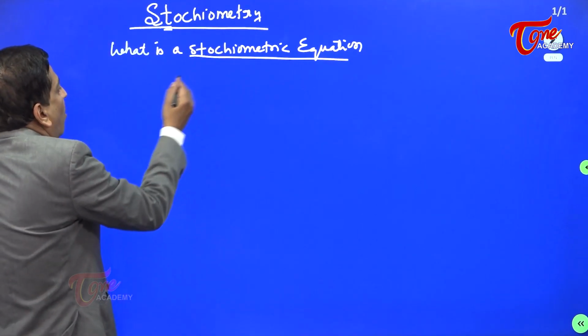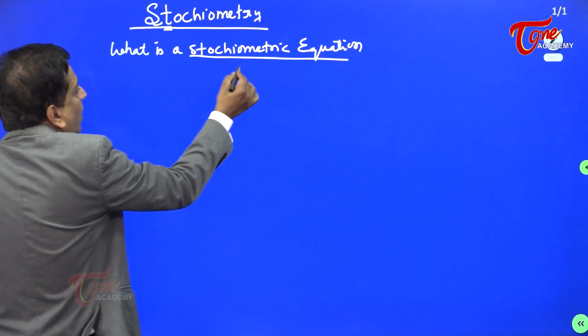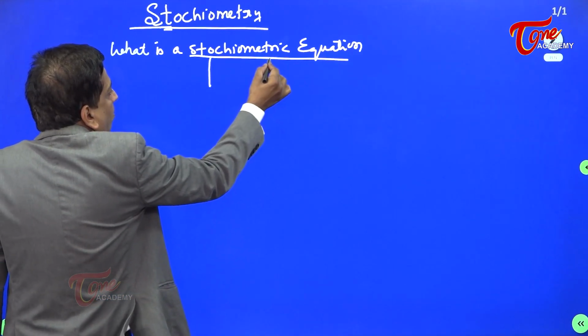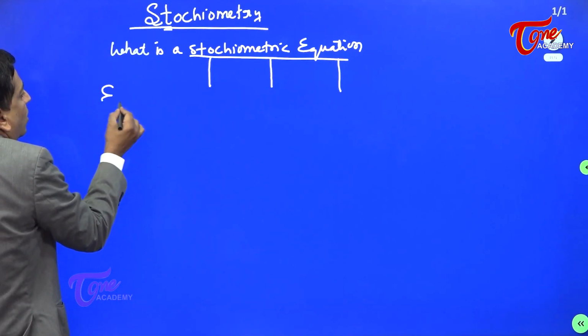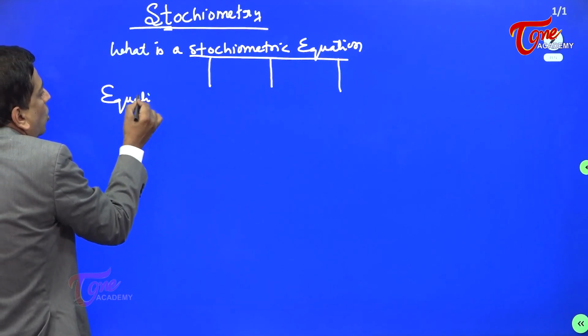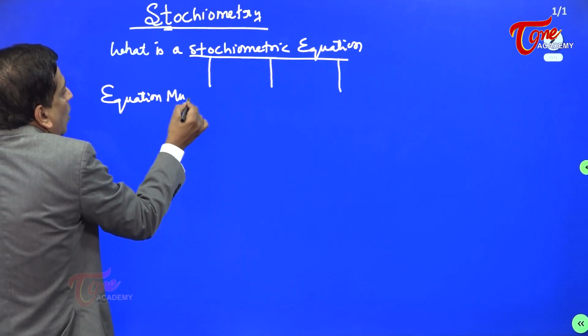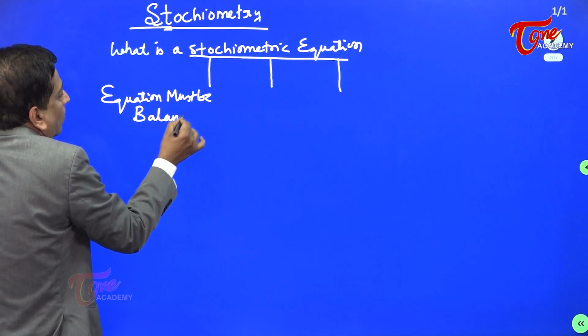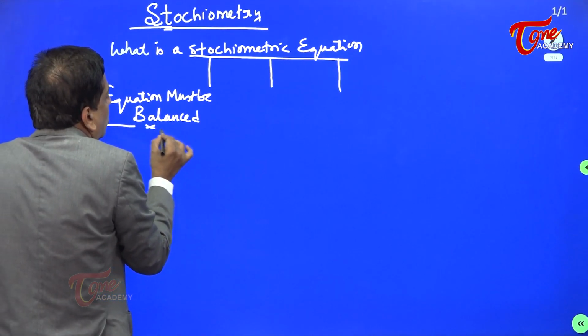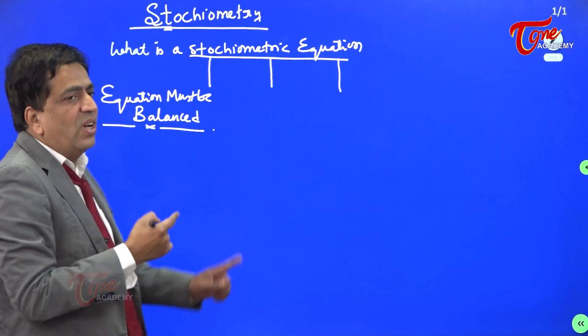Remember, a good stoichiometric equation will contain three things. The first thing is that the equation must be balanced. That is the first condition.